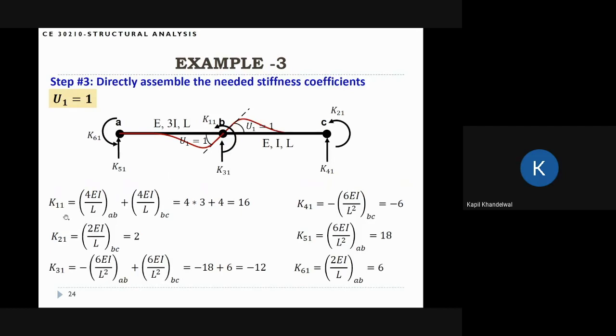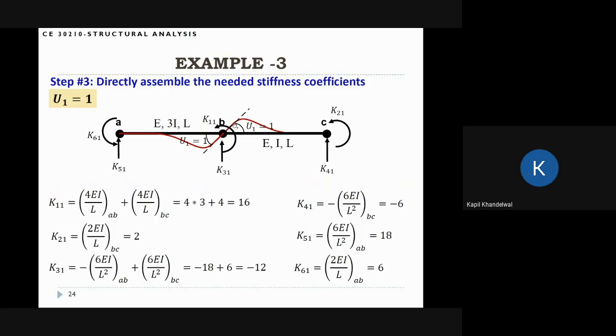If you see K11, it is actually a contribution from 2 members. One is the contribution from member AB, which is 4EI by L for AB. So this is the moment that you will need to rotate member AB by 1 unit.